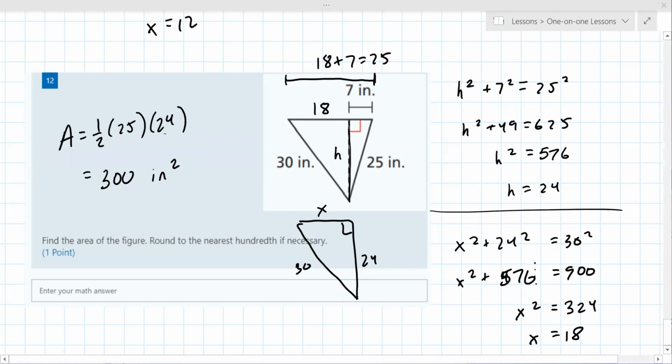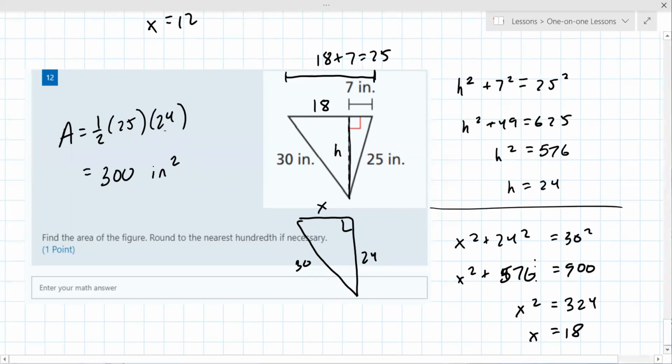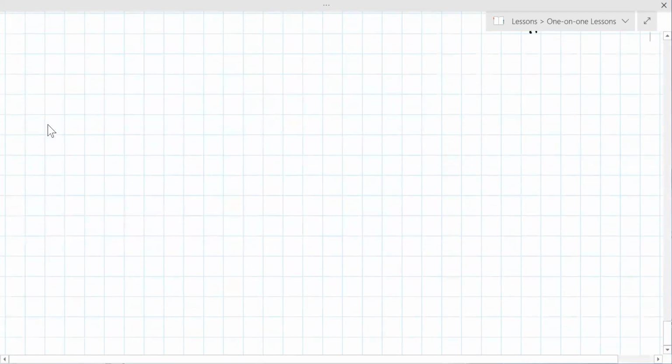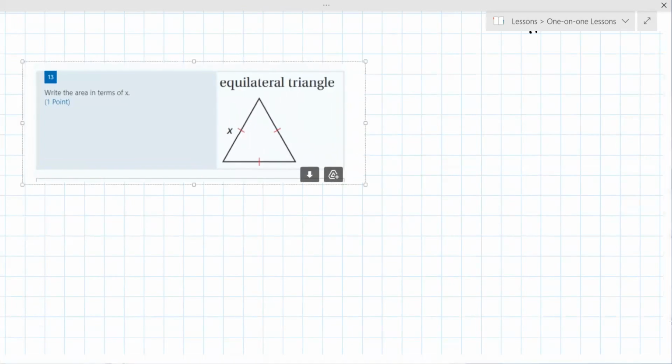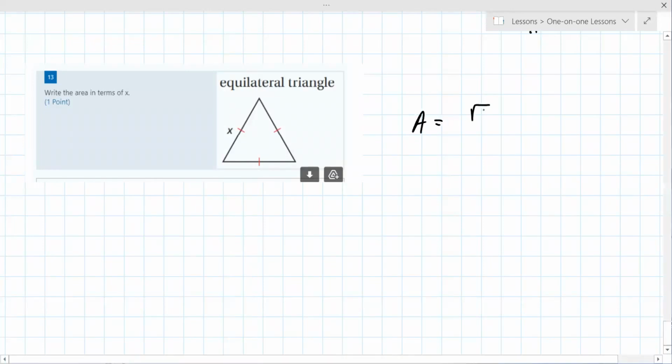Can I move on to 13? Yeah. Great. 13 is an equilateral triangle, and you can just look up the formula for an equilateral triangle. Do you know if that's okay, or do you want us to do it the long way? Just do it the shorter way. Okay, so the formula for an equilateral triangle is square root of 3 over 4 times the side squared.